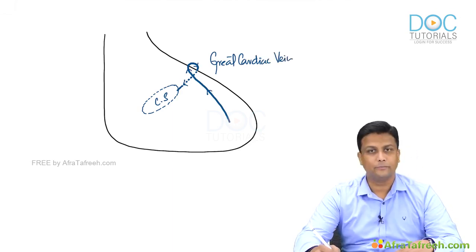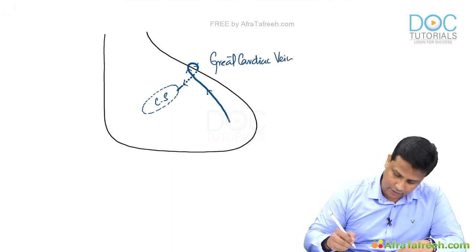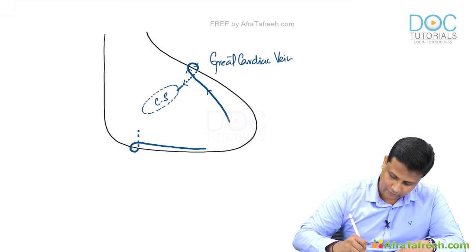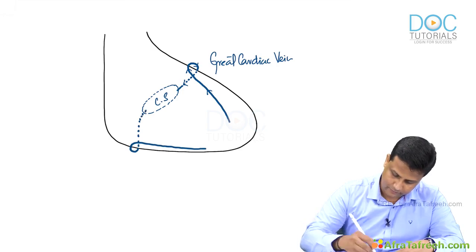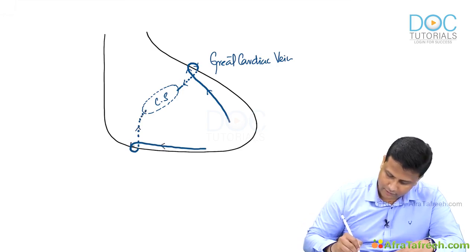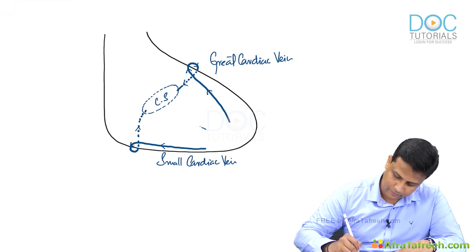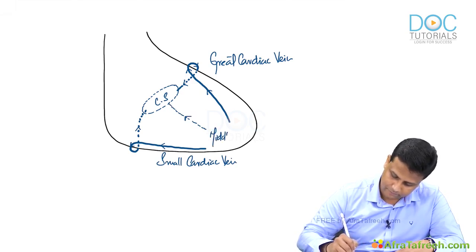The great cardiac vein. And similarly you have one more vein from here, taking a turn and then draining the blood into the coronary sinus. And this one here will be the small cardiac vein. And then finally there will be a middle cardiac vein here.